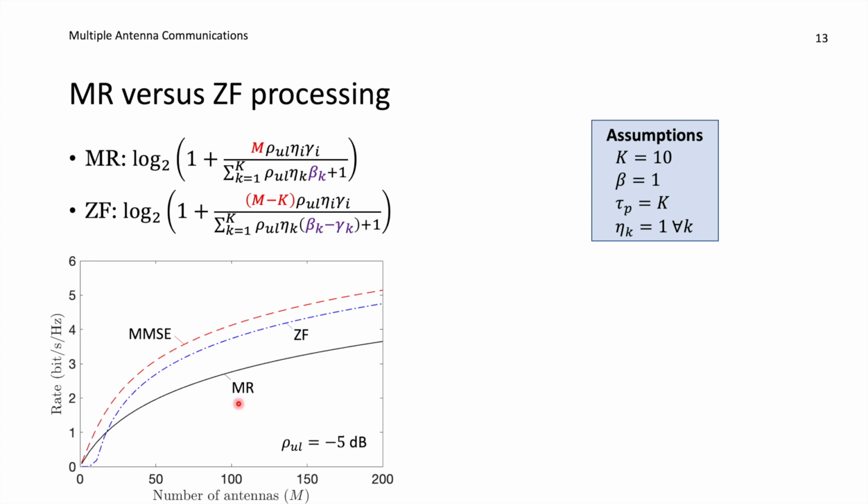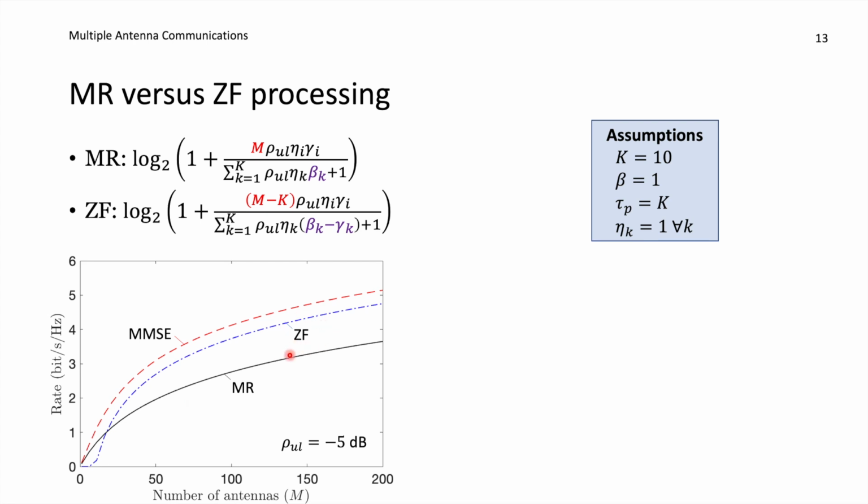I have curves with maximum ratio processing, zero forcing processing, and also the optimal MMSE processing that we considered previously. What we can notice is that maximum ratio and MMSE processing are equal when we only have one antenna, but otherwise there is a big gap between MMSE and MR, which we have noticed previously as well.